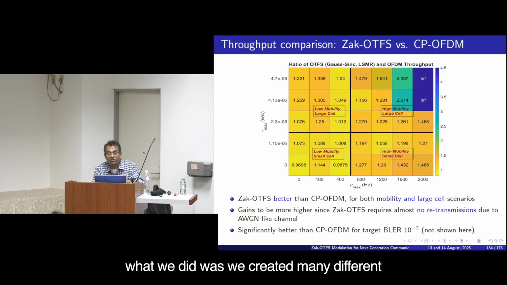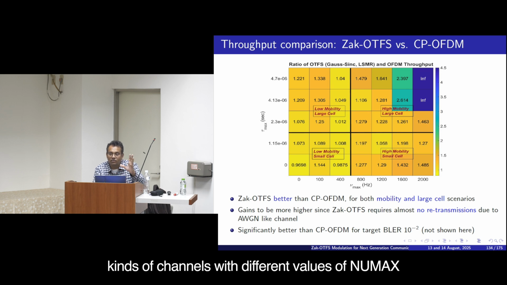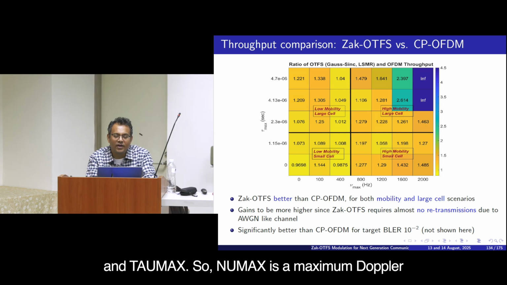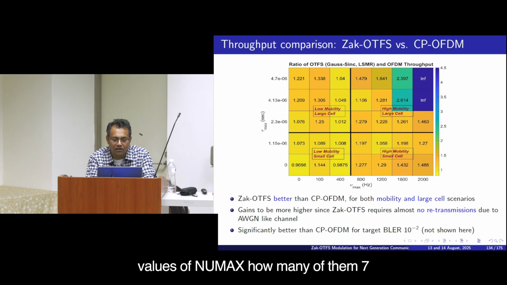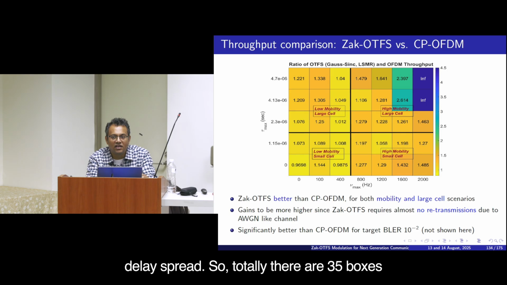And what we did was we created many different kinds of channels with different values of nu max and tau max. So nu max is the maximum Doppler shift, and we tried 7 different values of nu max, and 5 different values of the delay spread.